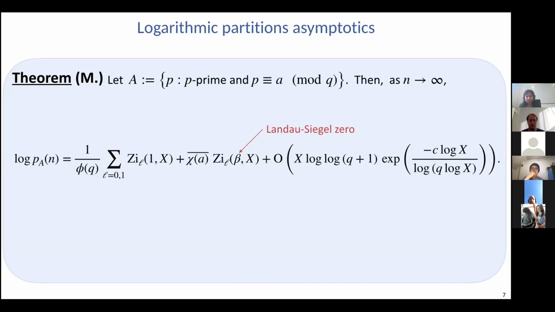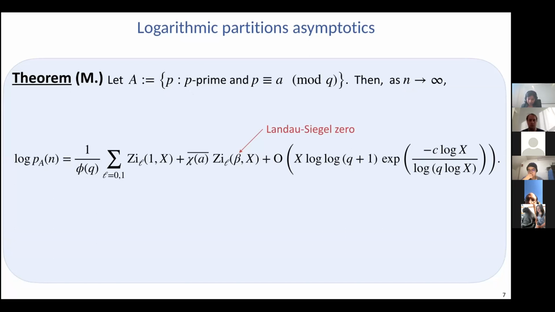All right. Now I would like to state the result that we have for the log of these partition functions. Recall that our set A is the set consisting of all primes in the arithmetic progression a mod Q. The modulus Q is fixed, and these asymptotics or these error terms are in terms of when this little n goes to infinity.